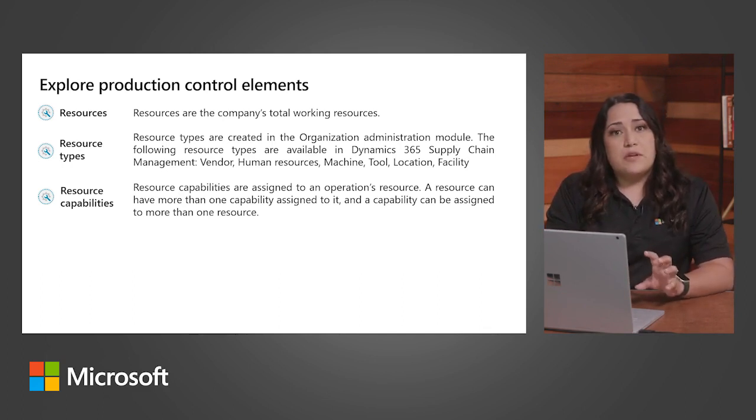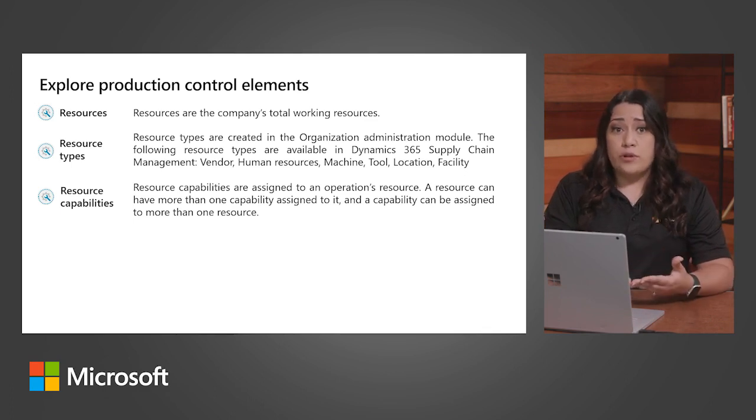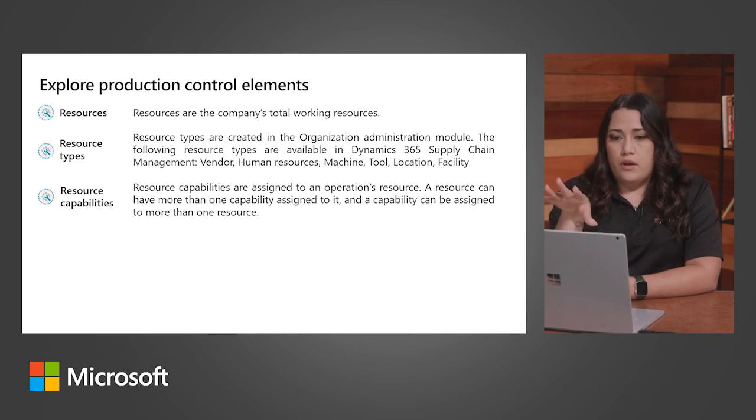So the Dynamics 365 Supply Chain Production Control Module allows your manufacturing facility to change production orders so that they're streamlined to your specific production requirements. But before we start creating a production order in the system, let's actually discuss a few of those different elements.